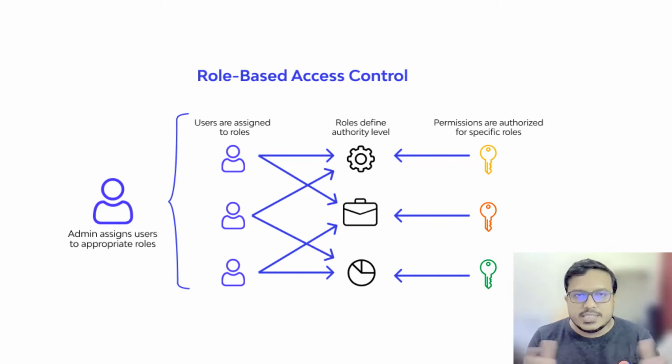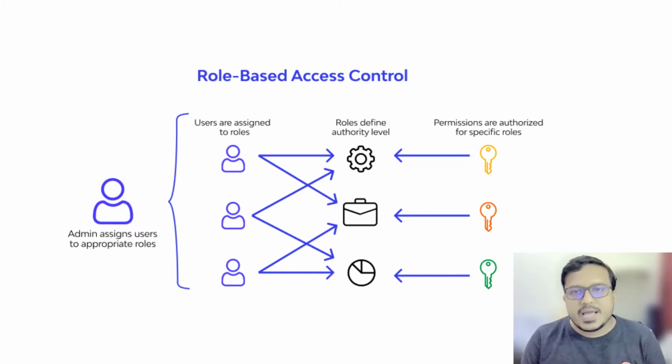Now, how is this done? This can be done in many ways. One of the most famous and effective ways of doing this, like providing the least privilege and separating the duties, is by using RBAC. RBAC stands for Role-Based Access Control and has become a standard for IAM in the cloud in the last 15 years or so.